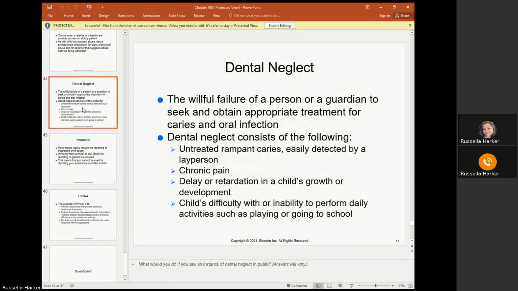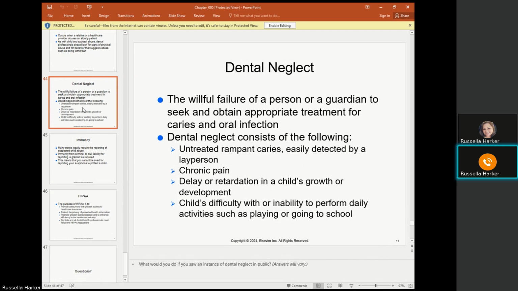With dental neglect, it's the willful failure of a person or a guardian to seek and obtain appropriate treatment for caries and oral infection. So when people fall under the guidelines of dental neglect, you can see untreated rampant caries easily detected by a layperson, which means someone that is not skilled or trained in dentistry would be able to look into the mouth of that patient and very easily see that there is decay and infection going on.